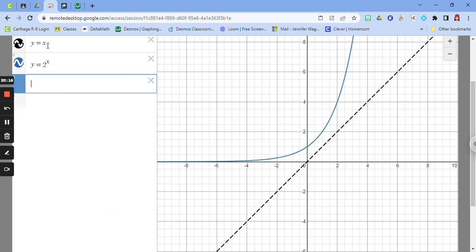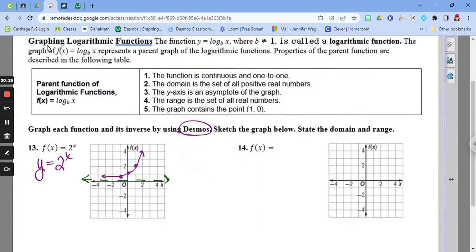The range, this one is approaching 0. So what I would write for that is the domain, all real numbers, the range, approaching 0.